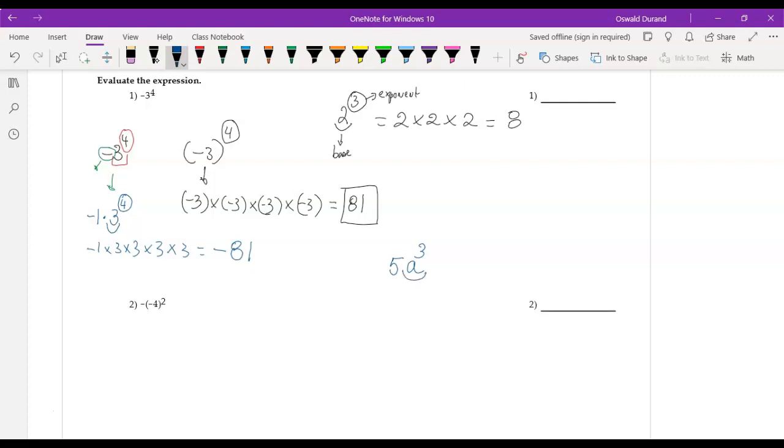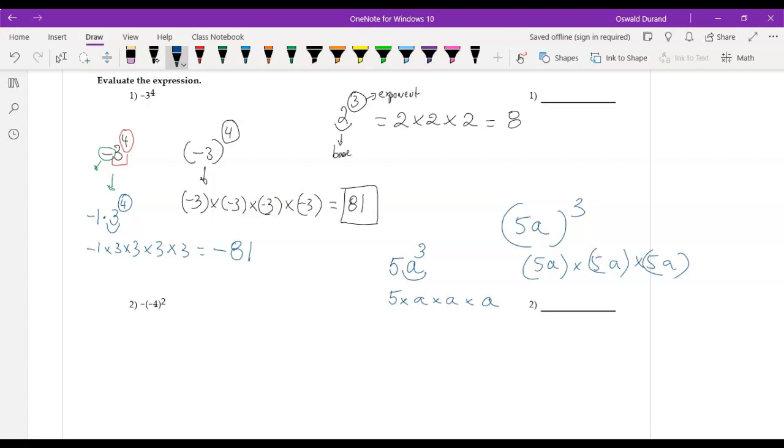This is basically 5 times a times a times a. You don't include the 5. If I had the 5a in parentheses to the power of 3, then you would multiply 5a 3 times. I hope you understand this concept.